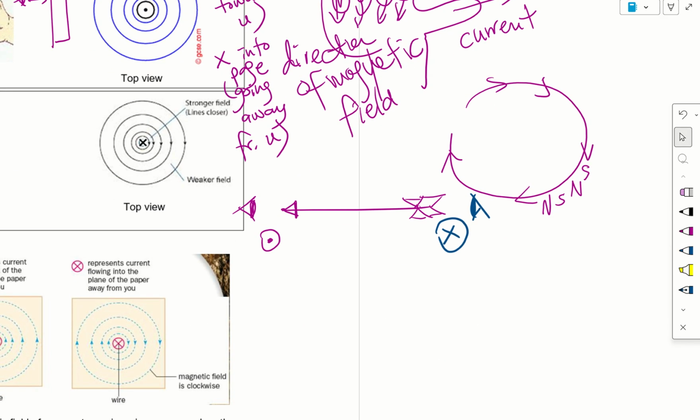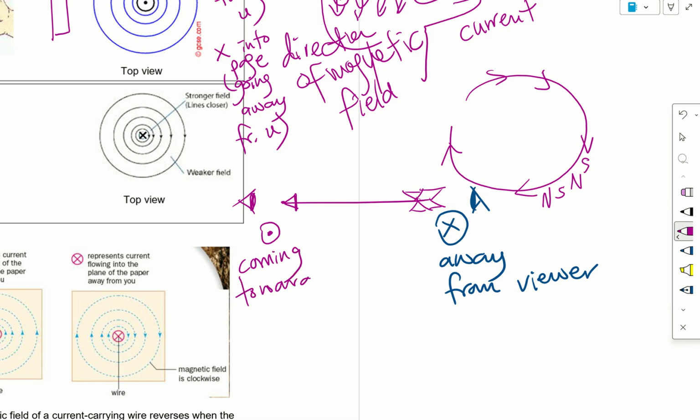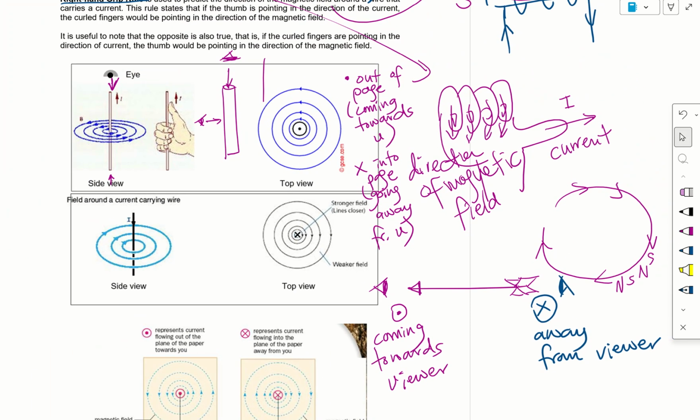So this cross means that the arrow is away from a viewer, and if it's a dot, that means it's coming towards the viewer. Okay, so please remember this.